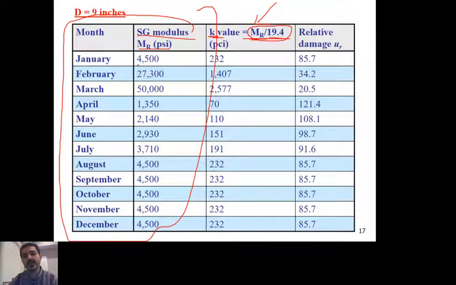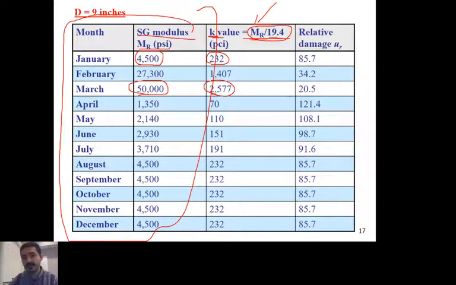So if you divide 4,500 over 19.4, you get a K value for the month of January equal to 232. If you pick, for example, the month of March, which is 50,000 over 19.4, you get 2577 PCI as a K value for this month.